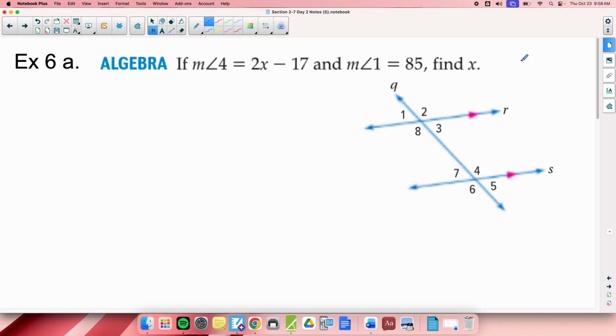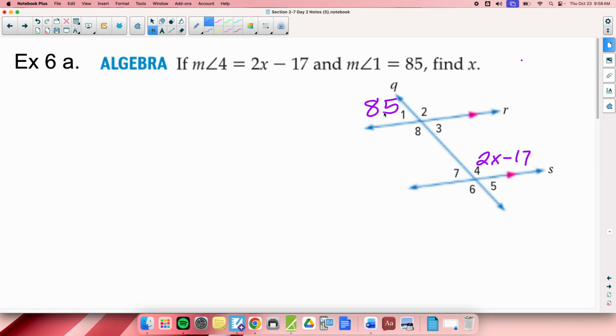Now this says measure of angle 4 is 2x minus 17. Angle 1 is 85. Now, because you guys are advanced, this will happen to you a lot in this section, where you're gonna look at these and be like, we didn't learn what kind of angles those are. Do you guys notice those two are not any of the four that we learned?